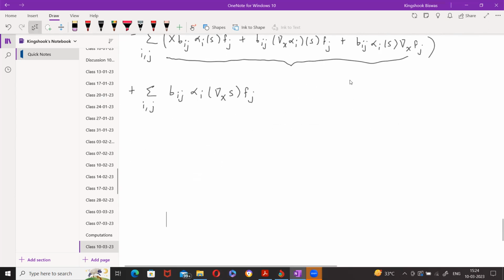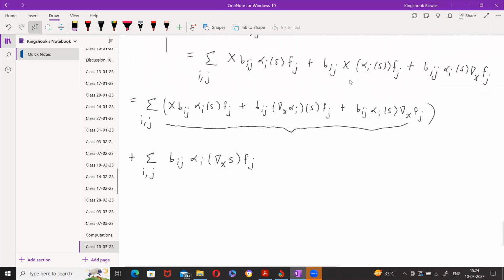Right, so this sum is nothing but nabla x beta applied to S. And this sum, as you can see, this is what you would get if you apply beta to nabla x S. Is this clear?